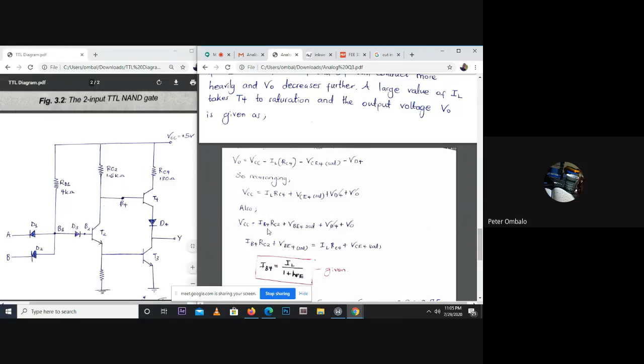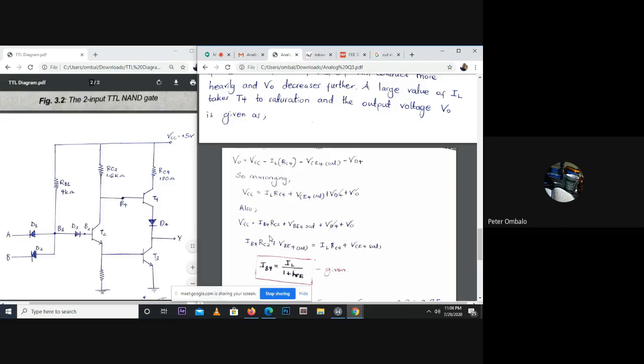So Ib4, the current through the resistor RC2, plus VBE4 at saturation. Transistor T4 is at saturation, so the second drop will be through VBE4, and then the third drop will be through the diode, and then finally what we will have at the load.